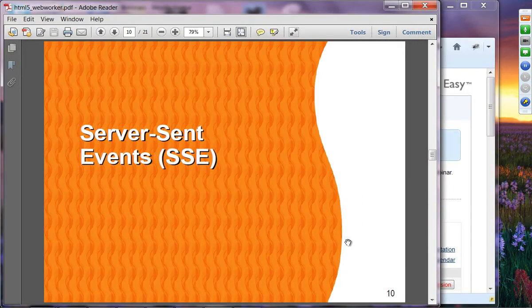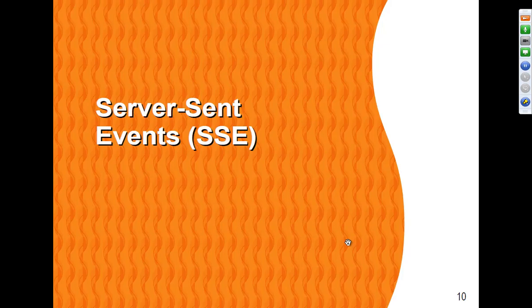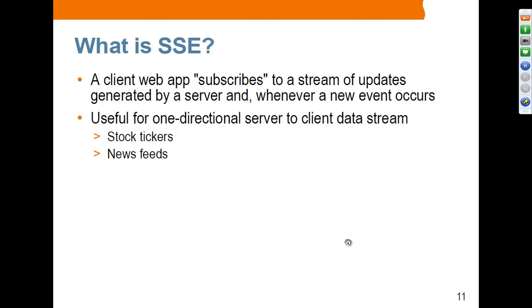Next topic is server-side events. What is a server-side event? A client web application subscribes to a stream of updates from the server whenever a new event occurs. So whenever a new event occurs on the server side, it will actually send a message to the client.